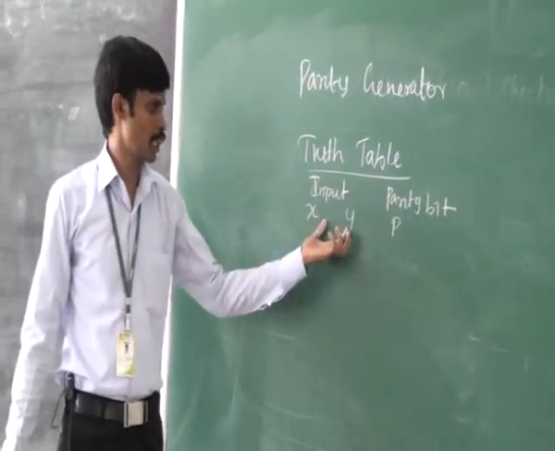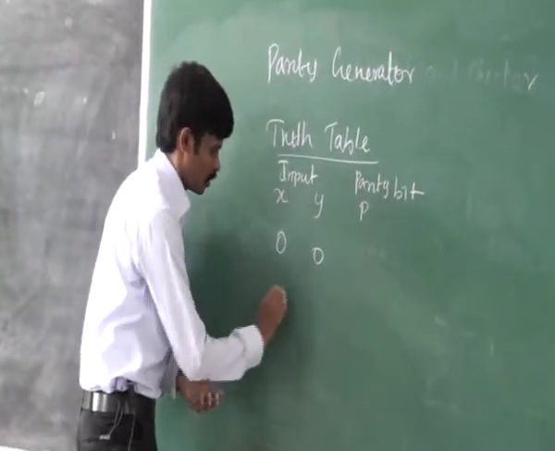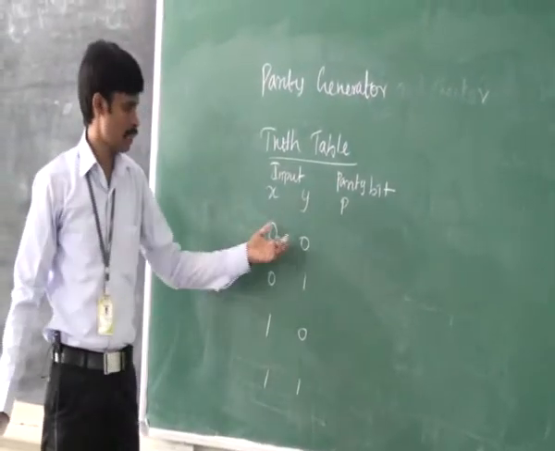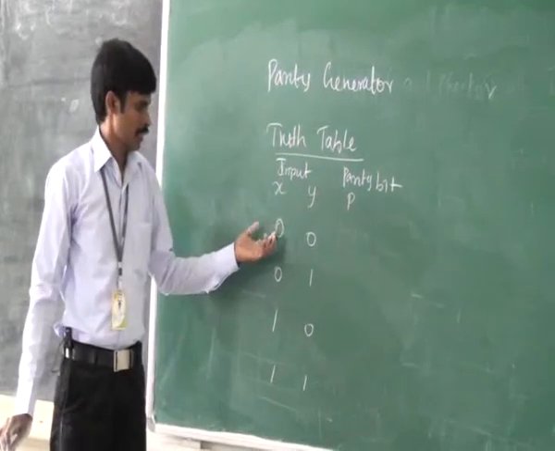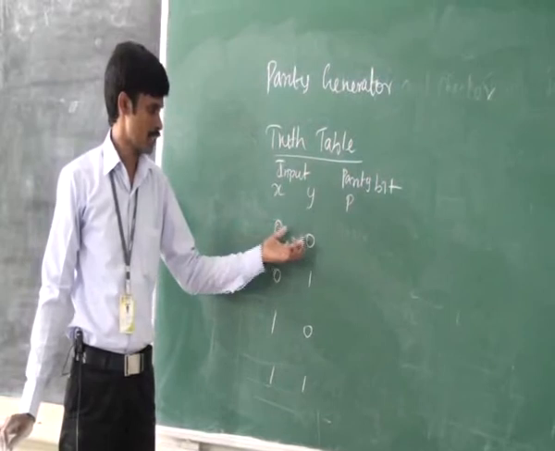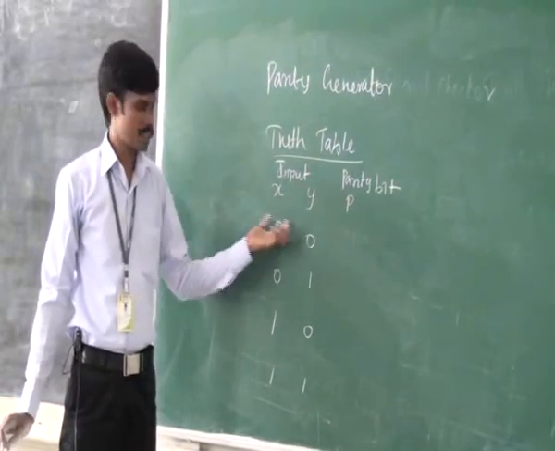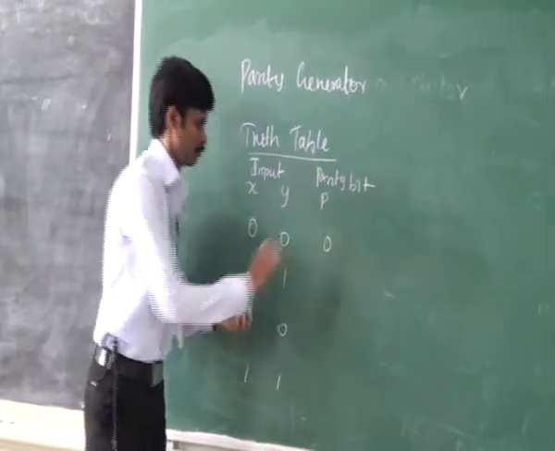Here we have 2 inputs, 4 possible combinations: 0, 0, 0, 1, 1, 0, 1, 1. Here the first combination is 0, 0. First let us consider even parity. 0, 0 consists of an even number of ones. This represents no ones, which is an even number. 0 is an even number. Then this one produces 0.